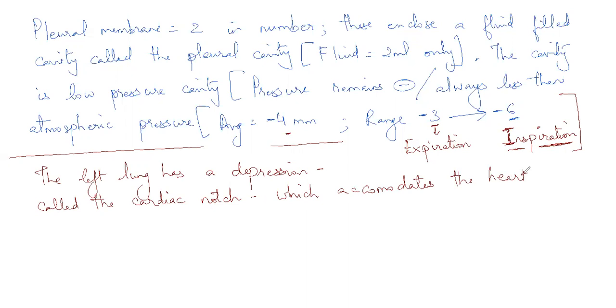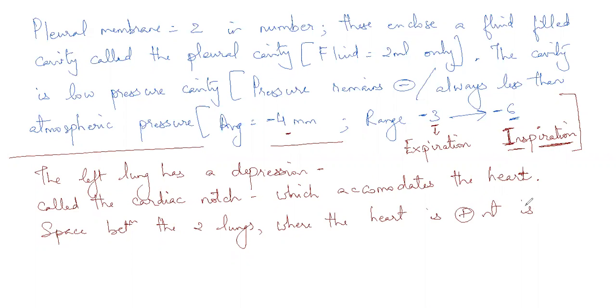It gives place to the heart. The space between the two lungs, where the heart is present, is called mediastinum.